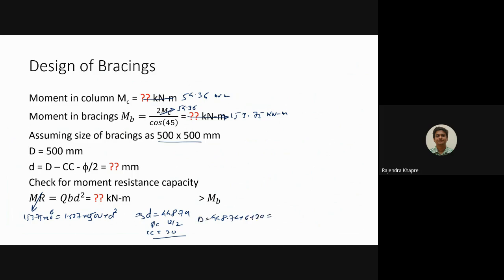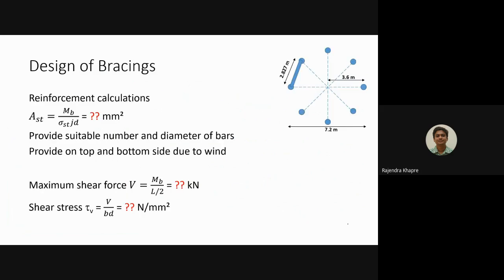So this is going to give me the total depth. कितना आ रहा है? जो भी है, it will be definitely less than 500 mm. 474.74. Okay, so we have assumed the total depth of 500 mm, so that is sufficient enough to resist the moment, isn't it? So let us quickly check the AST.